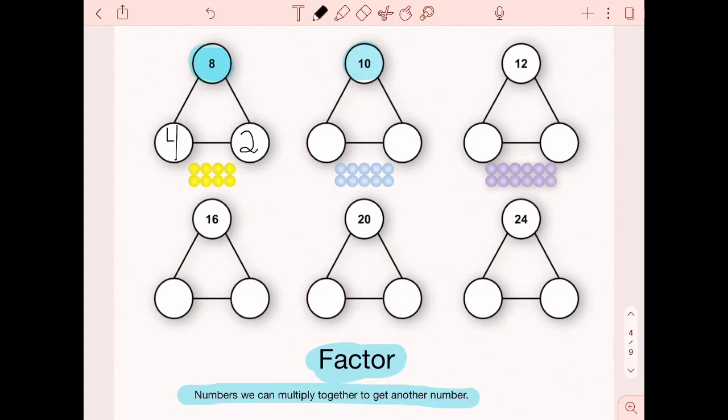So 5 must be a factor of 10. And how many 5s are there, or 5 times what equals 10? I can see that it's 1 5, 2 5s. 2 5s equal 10. You could say 2 times 5 is 10, but most importantly here, what we're noticing is that 5 and 2 are both factors of 10.